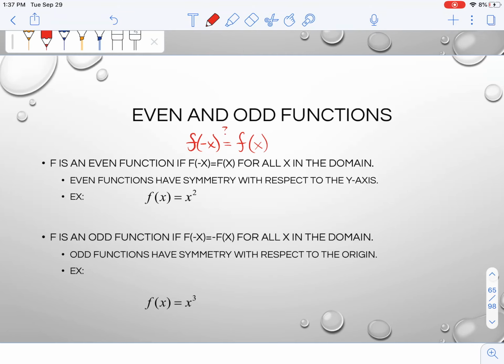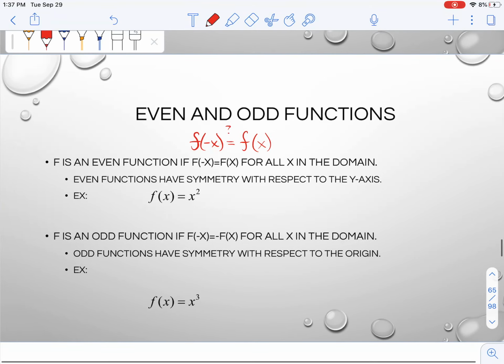Right? When we go to evaluate for an odd function, we're going to evaluate f of negative x, and I want to find out, do I get the opposite of my original function, f of x? So do all of the terms within that function change sign so I can factor a negative 1 out?